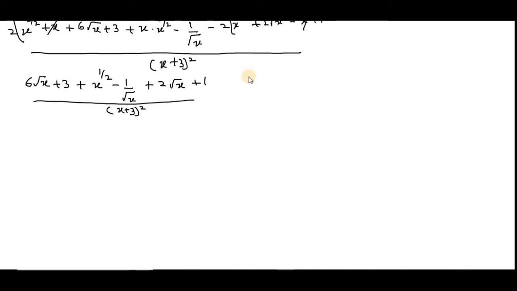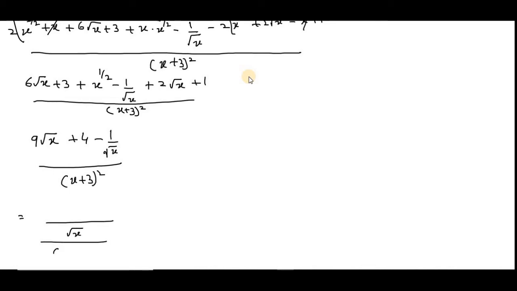Now few terms are added. This will be 6√x plus x^(1/2), and this becomes 9√x plus 4, minus 1 over √x, whole divided by (x + 3) whole square.